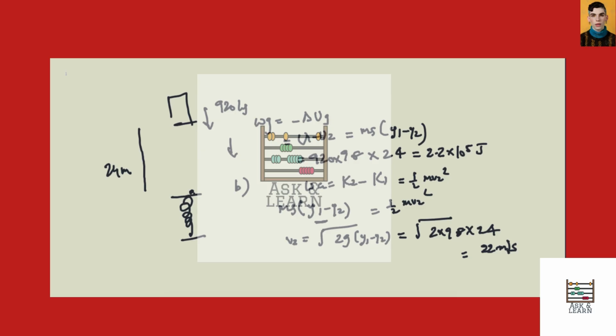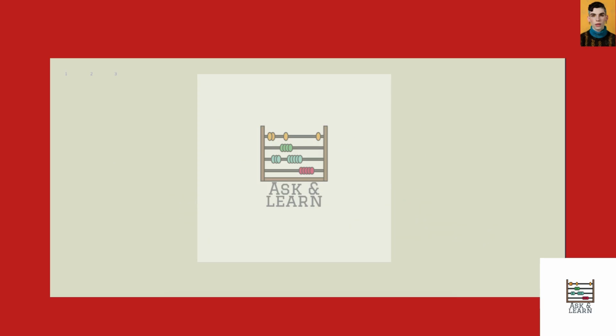Then the C part of the problem says that we need to calculate the amount the spring compresses. So we again use conservation of energy. Location 1 represents the elevator just before the spring, when it starts to compress.